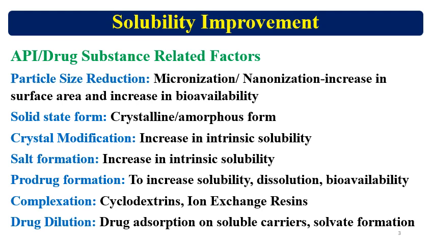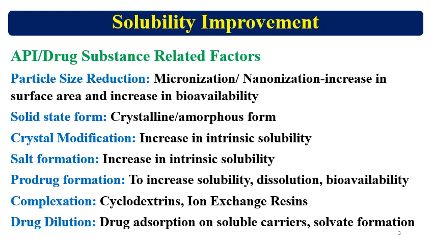Same drug may be formulated or may be modified into different salt forms, and you select the salt form which is having more solubility. Complexation is another way. Use of cyclodextrins like solubilizers or complexing agents to increase the solubility. Use of ion exchange resins.